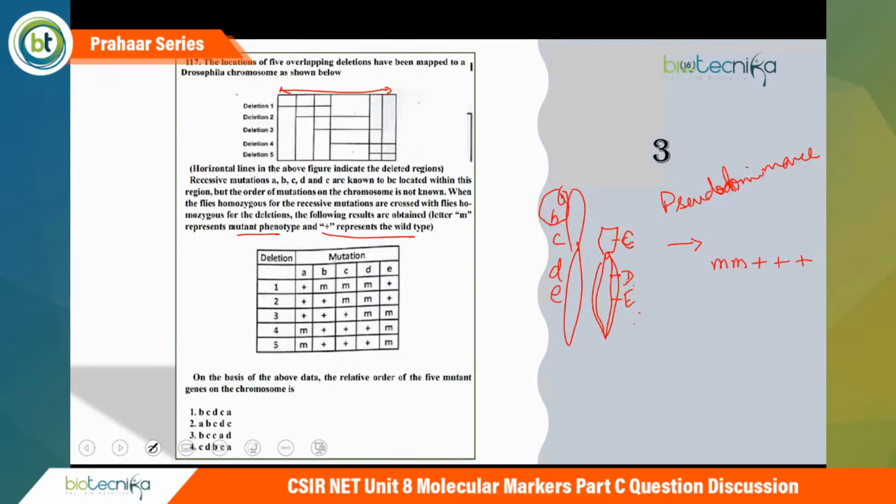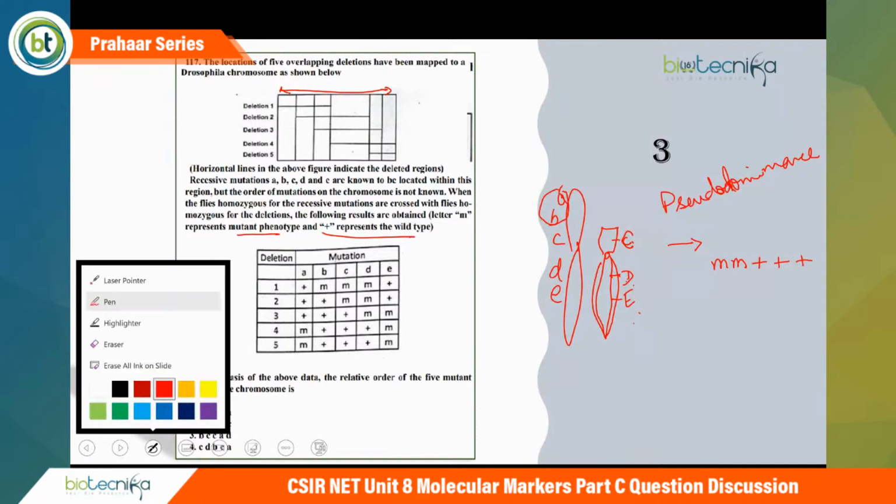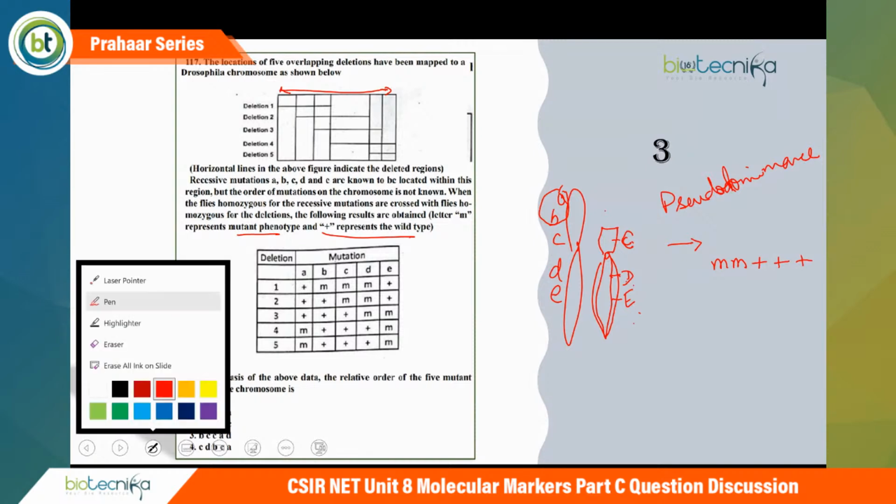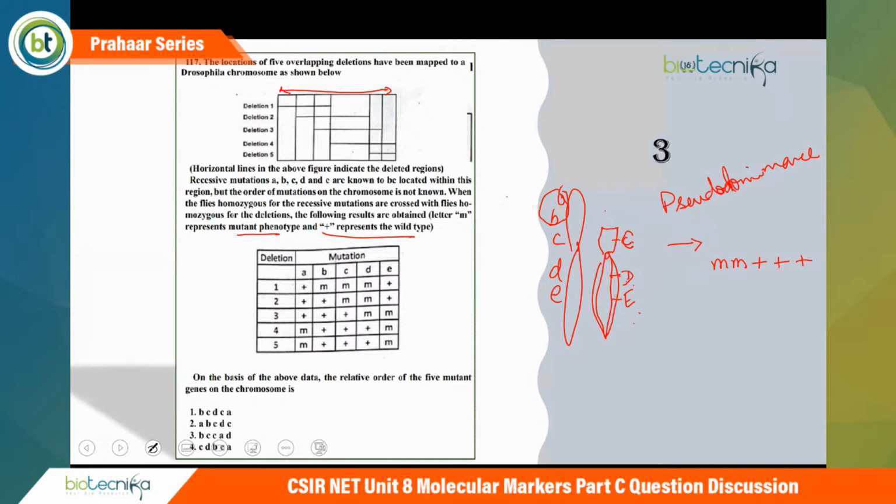So basically, the genes which are present on the deleted segment... what we conclude from here is that the genes on the deleted segment will show the mutant phenotype.